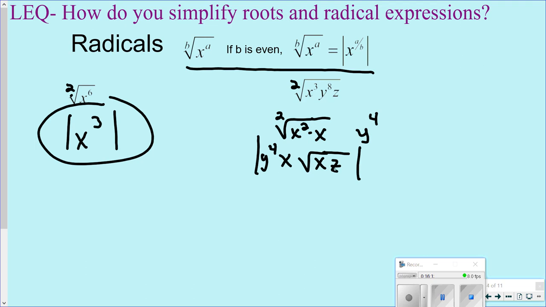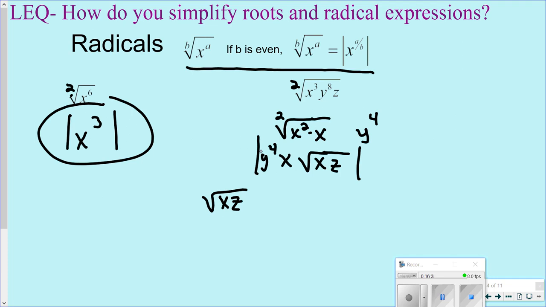So whatever you have underneath the square root, that doesn't need to stay inside the absolute value. So I'm going to go ahead and pull that out. I followed the rule and said just put everything in initially, but now I'm deciding what actually has to stay inside the absolute value and what doesn't.